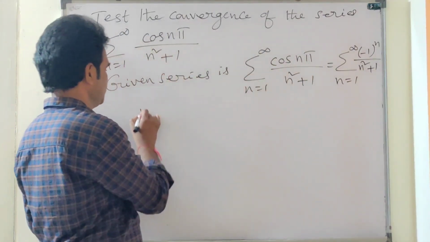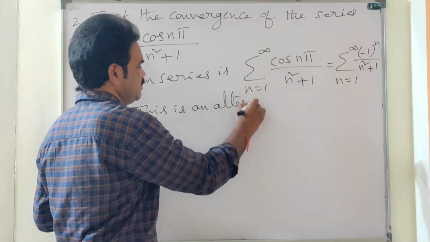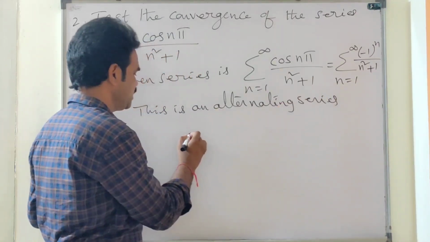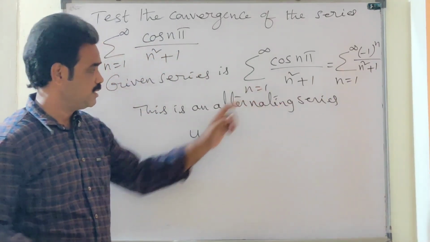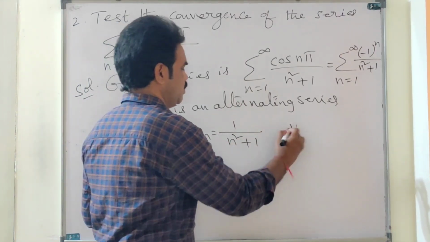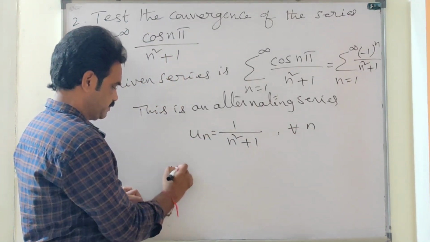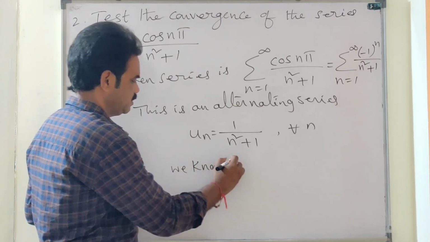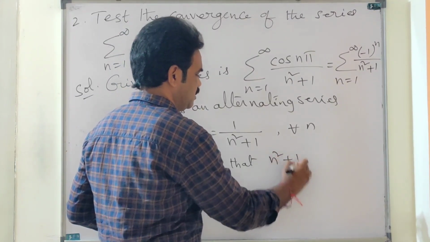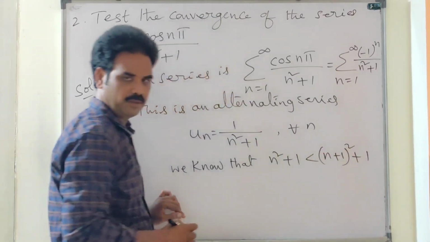This is an alternating series. Here un is equal to 1 by n square plus 1 for all n. So you know that n square plus 1 is less than (n plus 1) whole square plus 1.